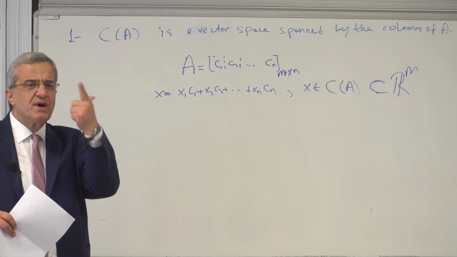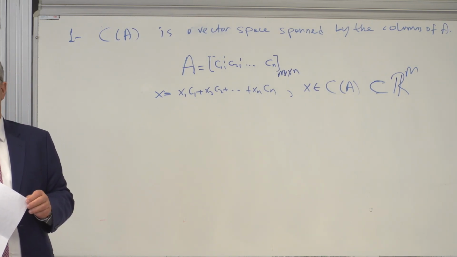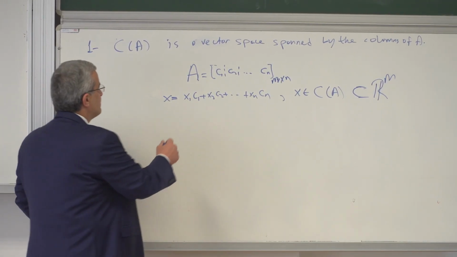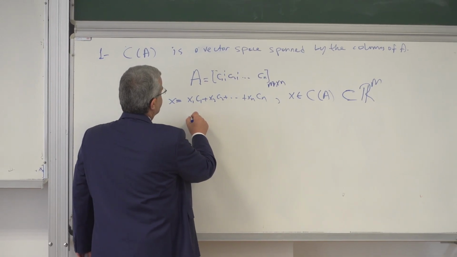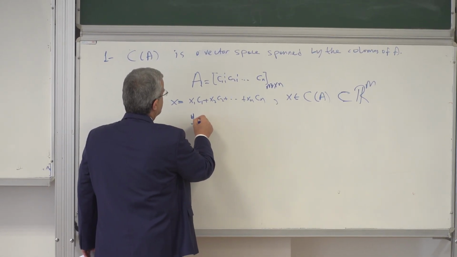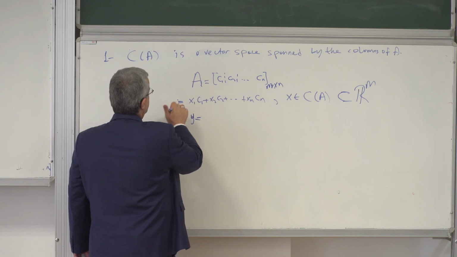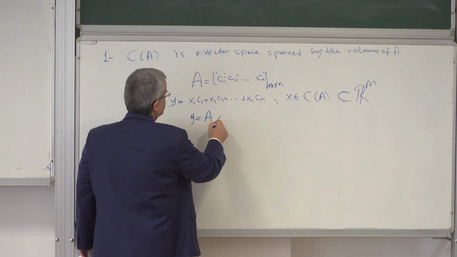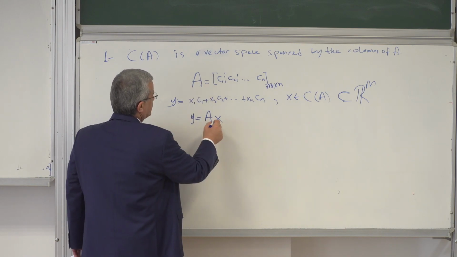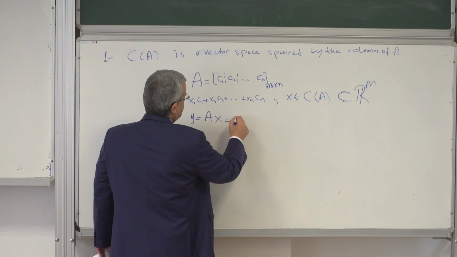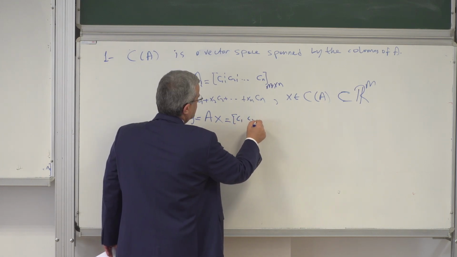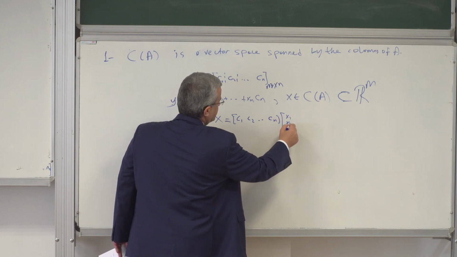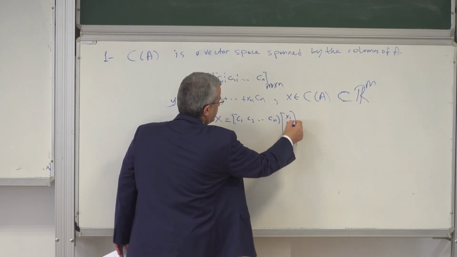So what is the dimension of a column space? What is it? So this is how we wrote it, right? So you say y is equal to Ax. Let me call this y, so we don't get confused. Y is equal to Ax. This is a short way of writing this, isn't it? So A is C1, C2, Cn, and this is x, x1, x2, xn.